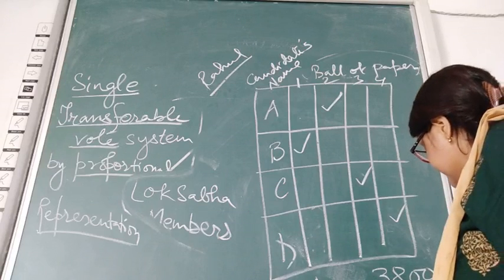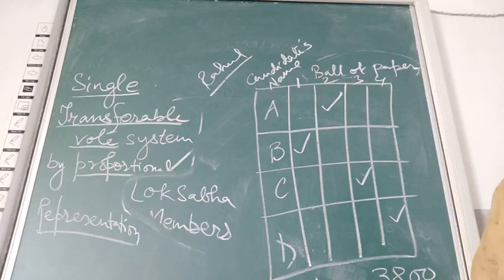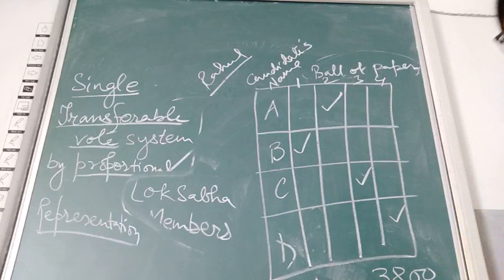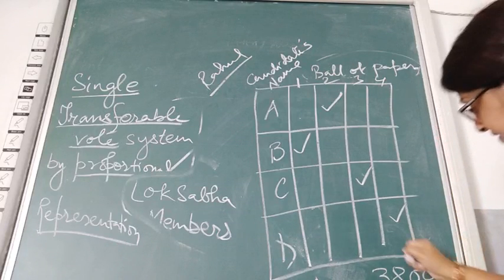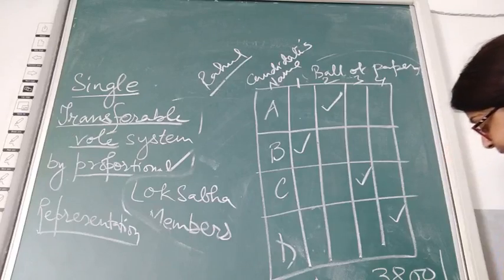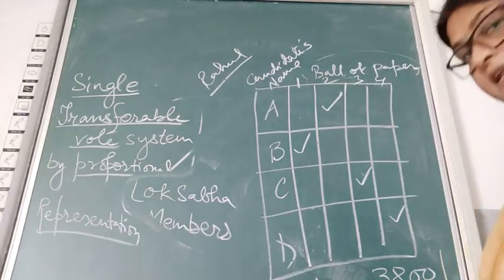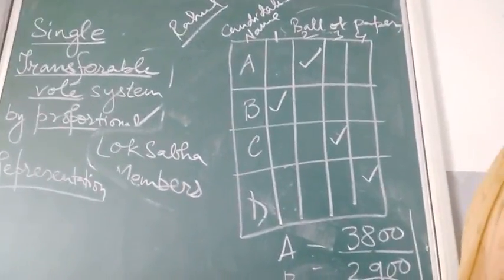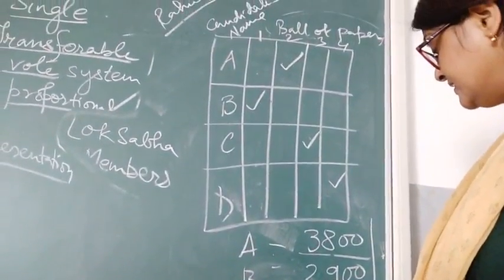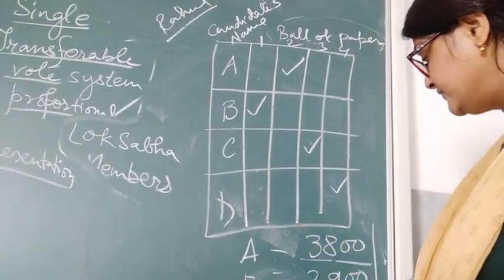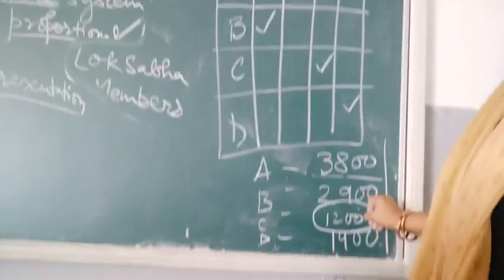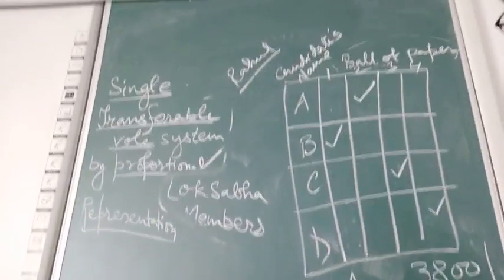C gets 1,200 and D gets 90. Okay. Now, who is getting the less number of votes? C. C is getting less number of votes out of these 4 candidates. Now he will be removed. He will be removed. And now what will happen?